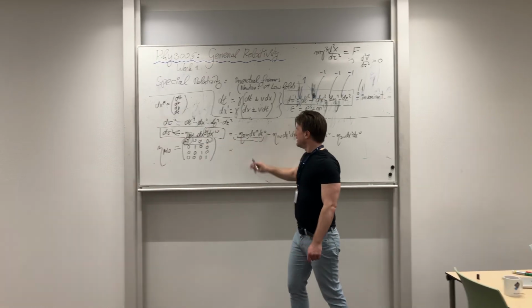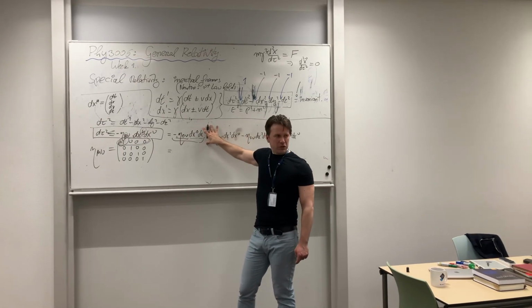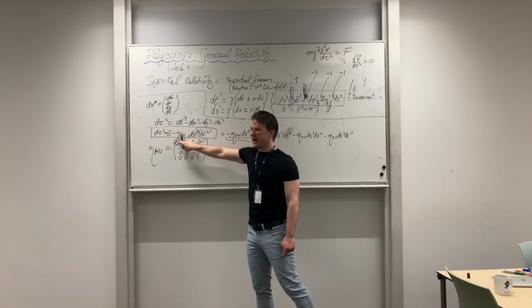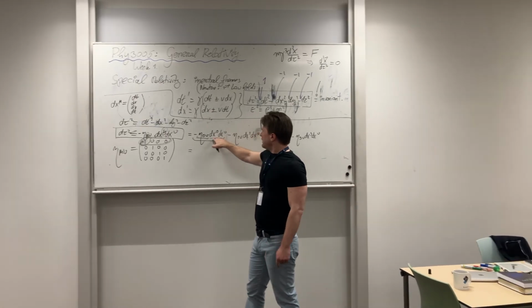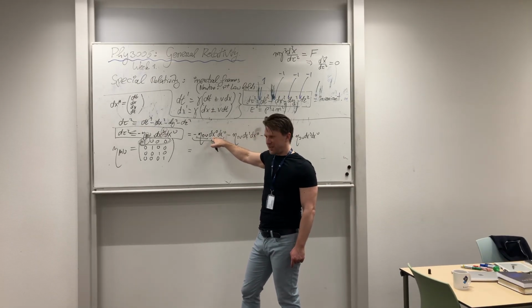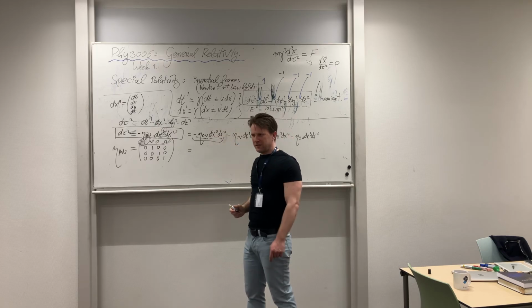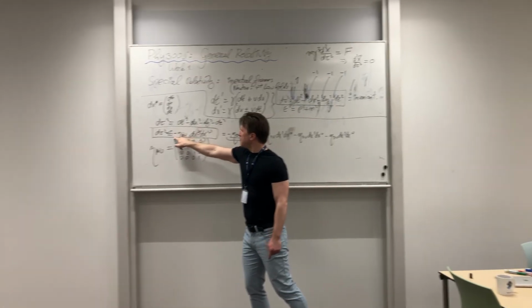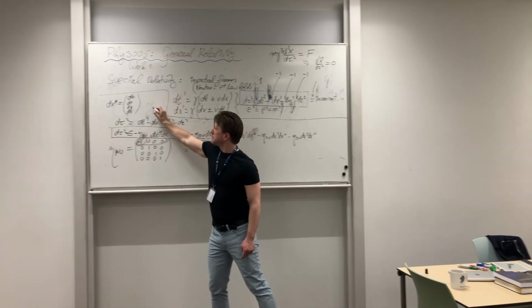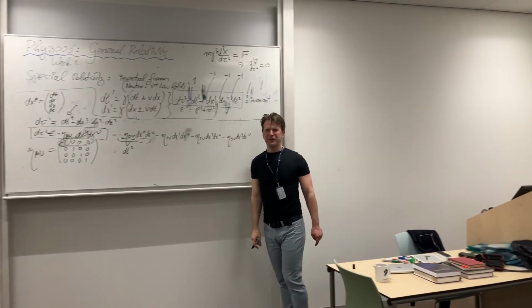So the only one that survives out of all the nu's here is nu is 0, and it gets multiplied with a minus 1. Do you remember what dx0 means? That's dt, but you have 2 of them, dt squared. And there was a minus in front, and you get another minus dt squared. That's that one, right?